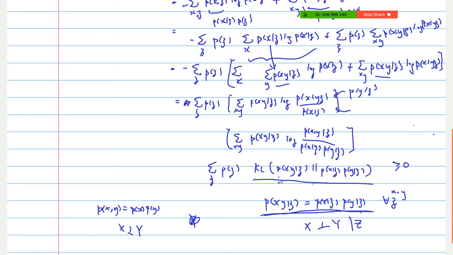So that means x and y will be independent only when given z, not all x and y are independent. Yes, but you need to be careful.